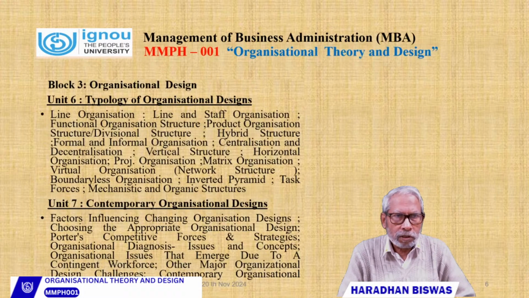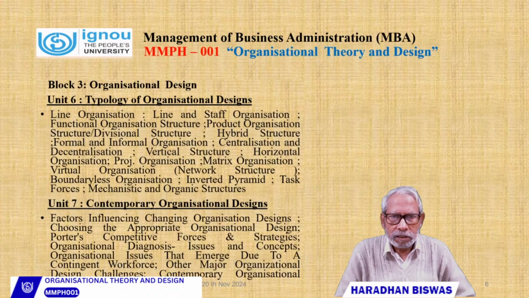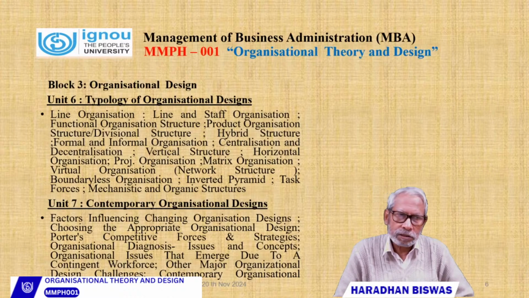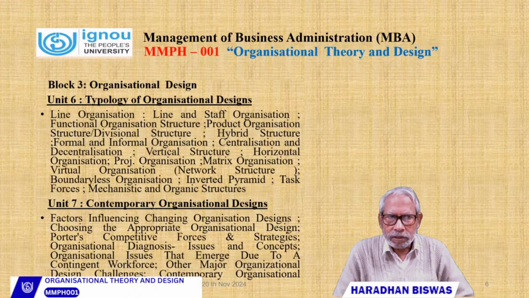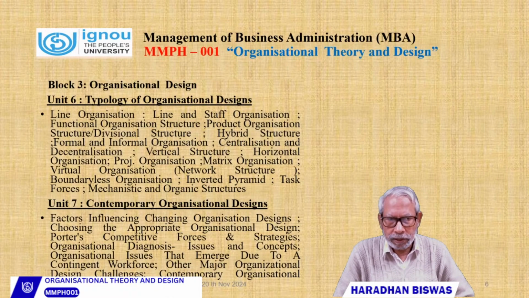So coming to the topology, there are actually the line organizations, staff, line and staff organizations, functional organizations, then production organizations, different structure we have to discuss, and see the hybrid structure also, and vertical, horizontal, then your project organizations, so for the project management purposes, matrix organizations, virtual organizations, and basically the network structures.